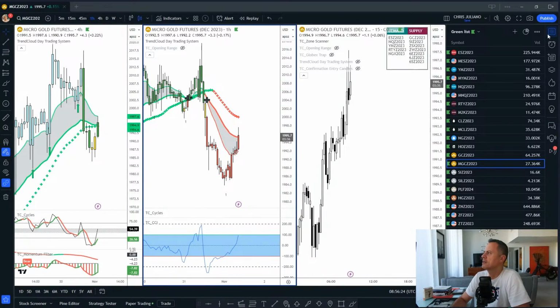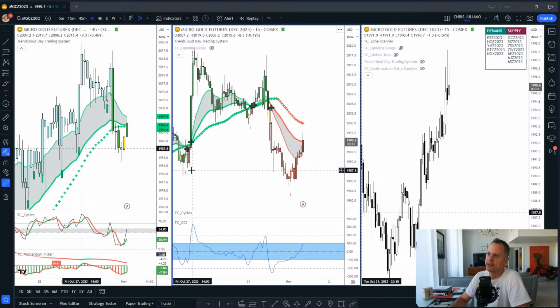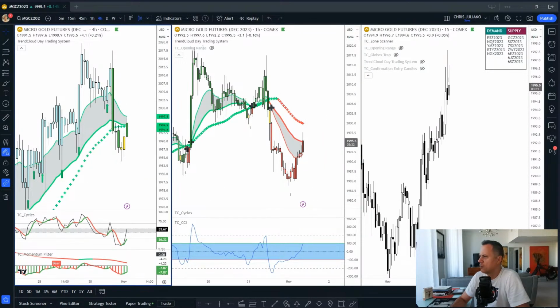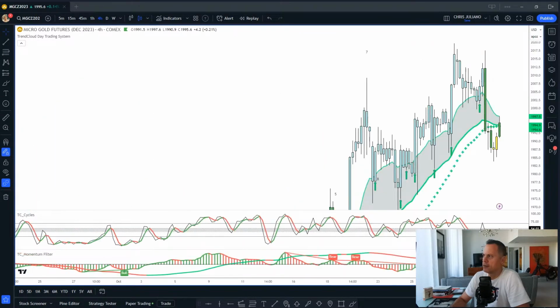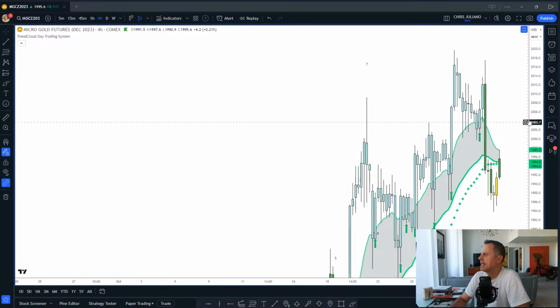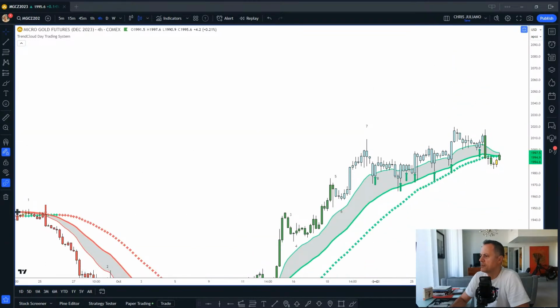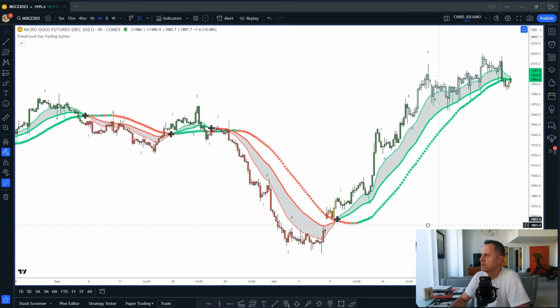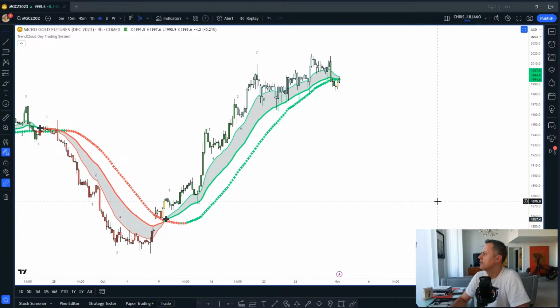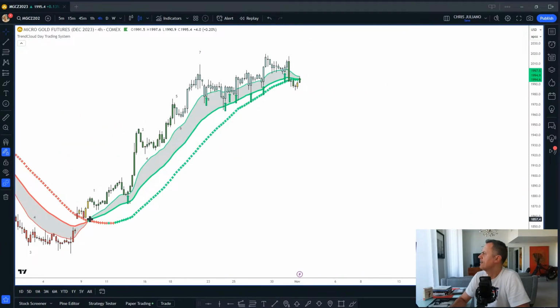Okay, so let me explain what's going on here. Go over to that 4-hour chart, and let me refresh the chart here. We'll go over the opening range on it. If you click onto that free trade plan, I don't know if you have that yet, that's what I follow here.